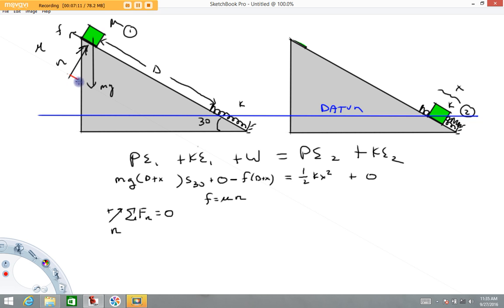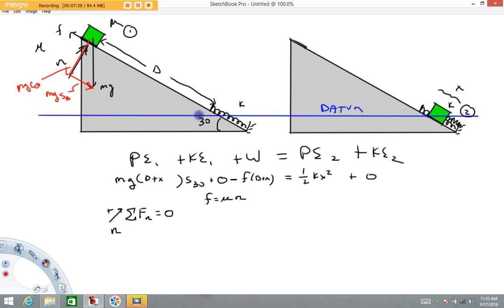So the component down the incline here, mg sine theta. I'll describe where I'm getting that in just a moment. And then the component that's in the direction of the normal, or I should say in the opposite direction of the normal, that one is going to equal mg cosine theta.